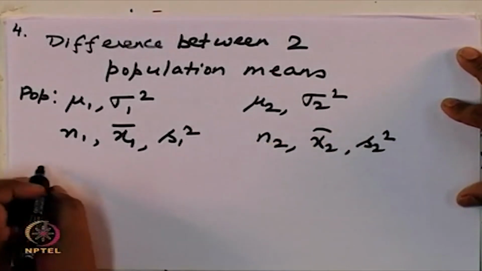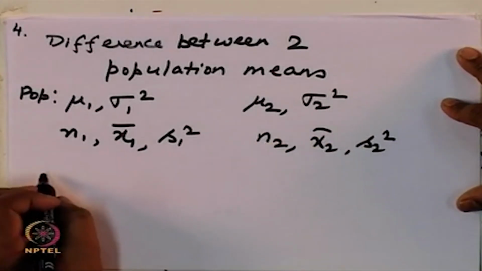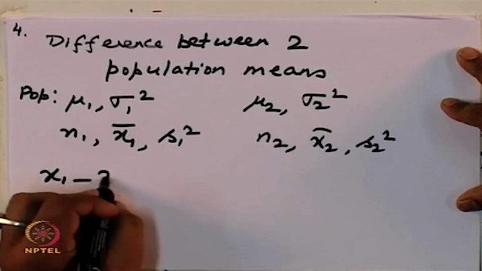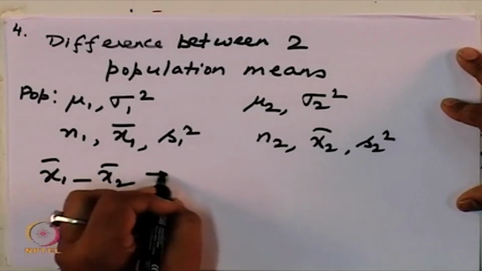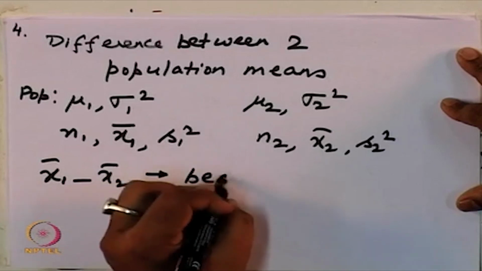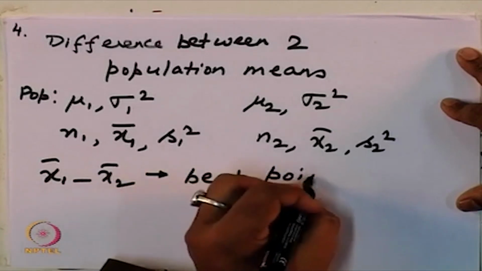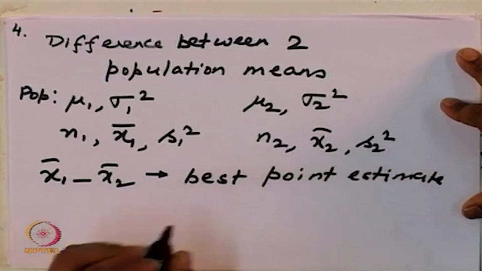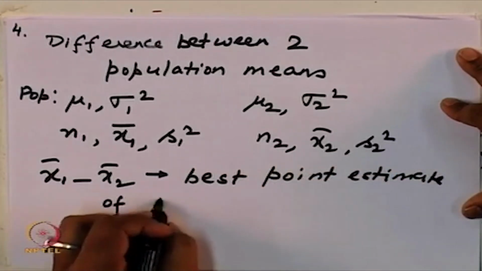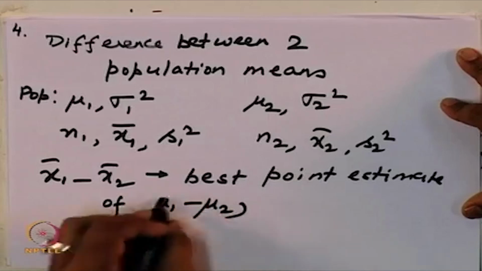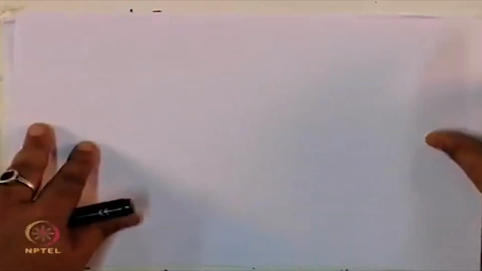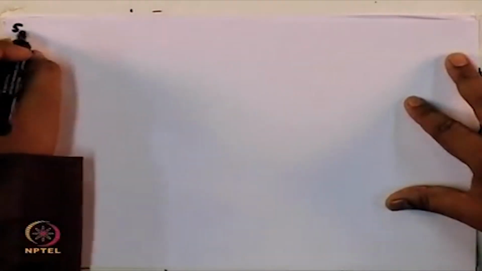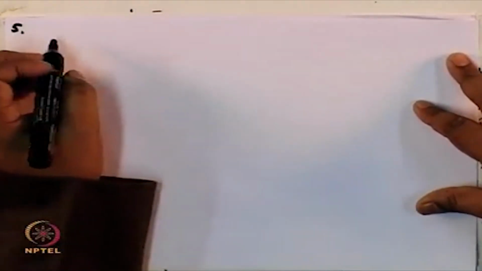So, for the 95% confidence interval, x1 bar minus x2 bar is the best point estimate of mu 1 minus mu 2. And I can write the variance.